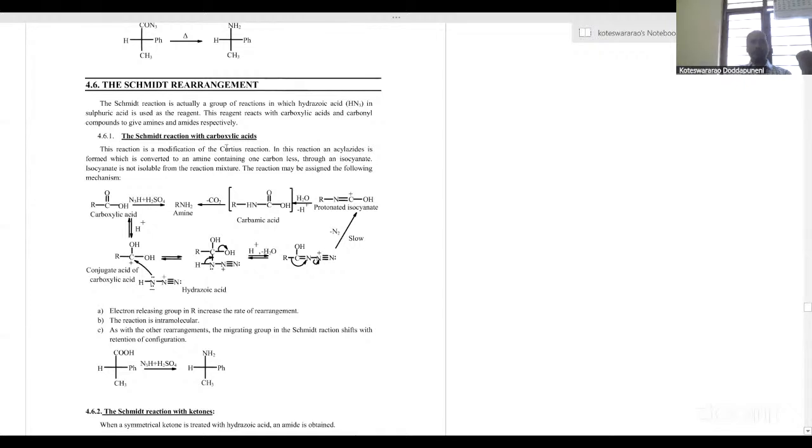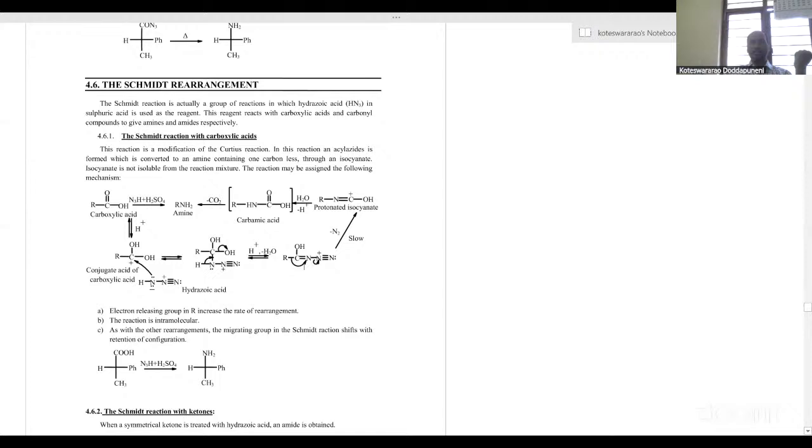The Schmidt reaction is actually a group of reactions in which hydrazoic acid in sulfuric acid is used as the reagent. This reagent reacts with the carboxylic acid and carbonyl compound to give the amines and amides respectively. Schmidt reaction with carboxylic acid. The reaction is a modification of the Curtius reaction.